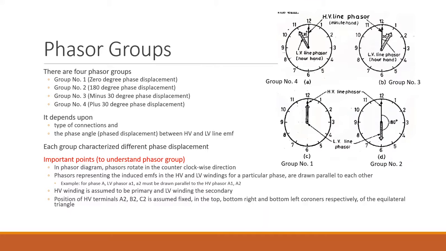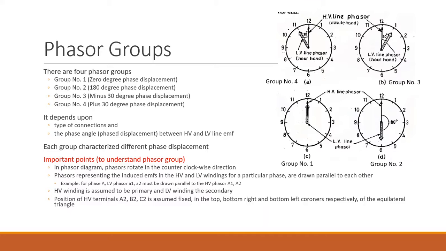The capital letters indicate your HV phasor. So they should be drawn parallel. The a1, a2 will be drawn parallel to capital A1 and capital A2. Here there is an assumption that the HV winding is assumed to be primary and the LV winding is assumed as secondary.